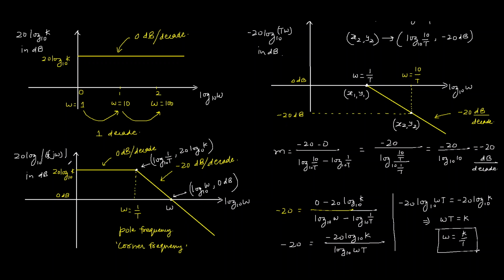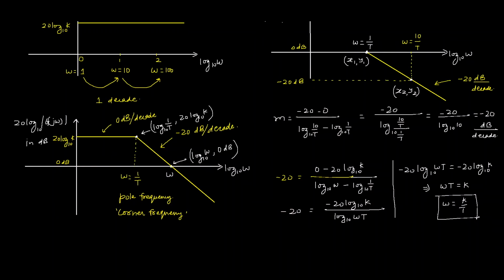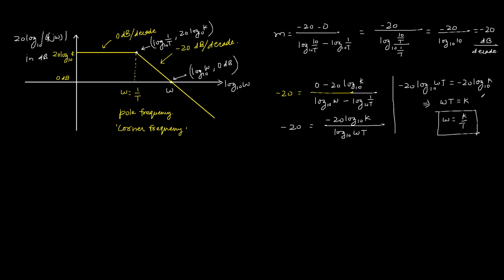Since we have assumed that k is greater than 1, the magnitude of the Bode plot starts above the 0 dB. If the value of this k is 1, then the value of 20 log 1 base 10 becomes 0. Then this Bode plot goes like this.